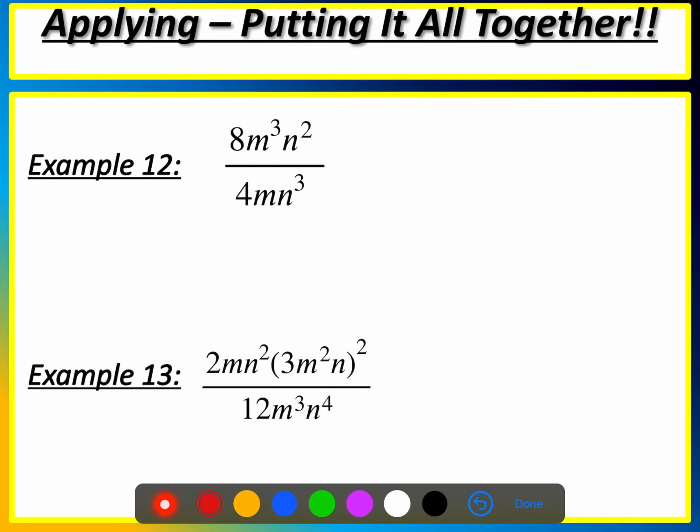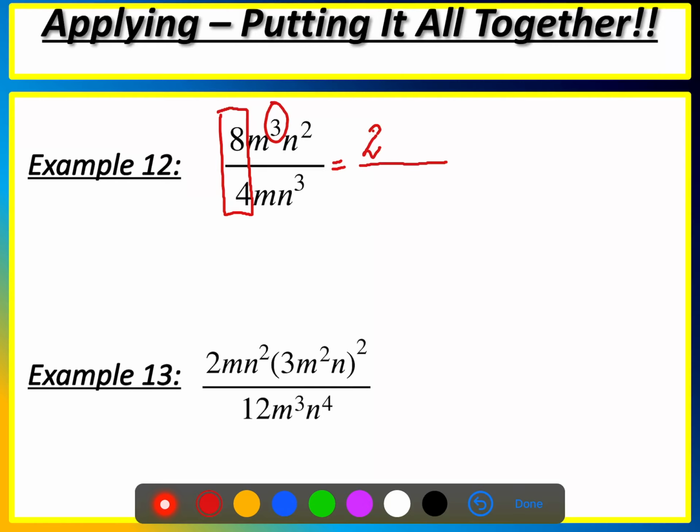Okay, so example 12, this looks like a simple division of monomials. So I'm going to reduce my coefficients. I get 2 over 1, right? 8 divided by 4, so I'm just going to put a 2 on the top. And now I'm subtracting my exponents.